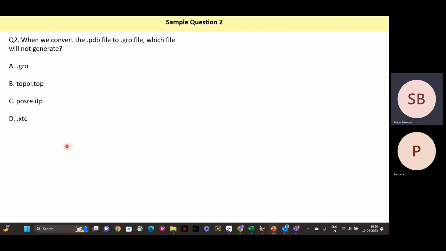The next question is, when we convert the PDB file to .gro file, which file will not generate?